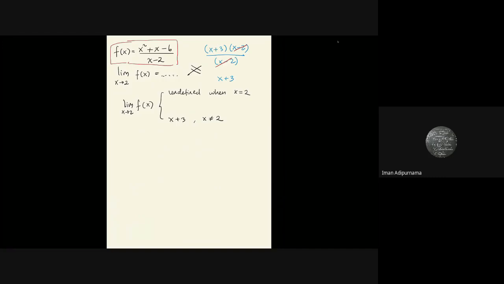It's not undefined, so the question is actually precise. But I just want to remind you that this is not the same function, maybe this is g here, any name you want. So when we factor and plug into x plus 3, it's 5. So when it is x plus 3, with x not equal to 2, we can get 5.